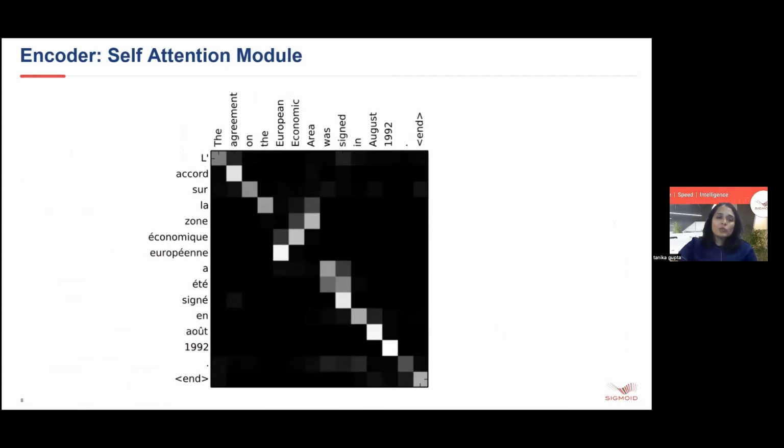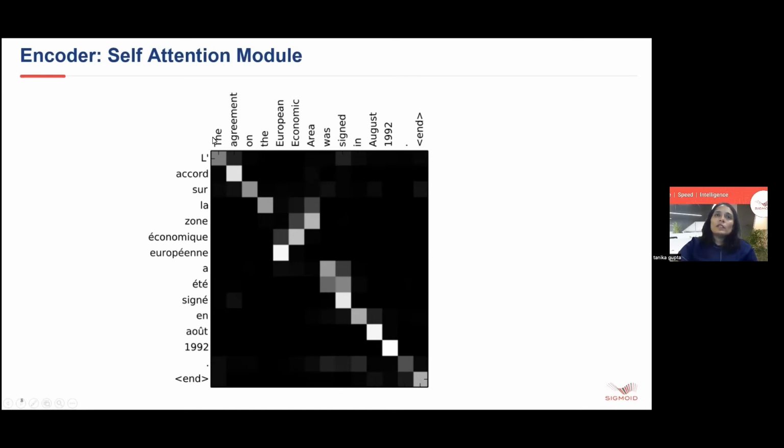Now let's actually look at a translation example. Over here, we have a French sentence, and we have the words economic and European. Now, when the translation happens, you can see that in English, European has come before economic.